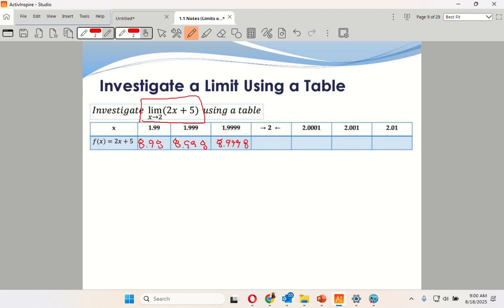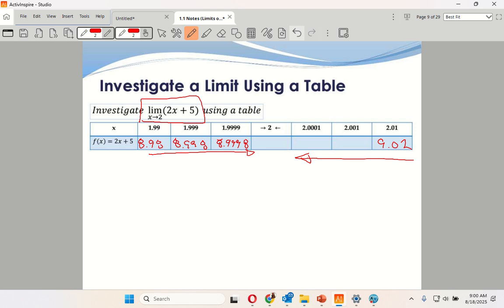Now, you notice there's little arrows on this, right? So this is what you're going to assume from the numbers approaching this way and the numbers approaching this way. So before I could say what that is, I need to do these ones. Start at the end, which is going to be 9.02.